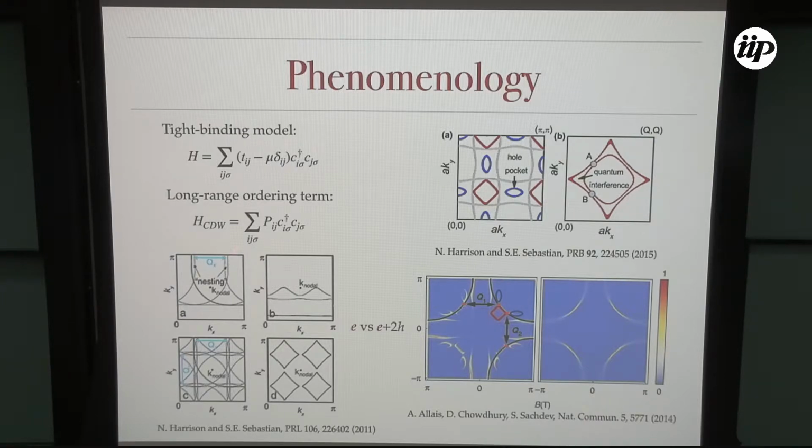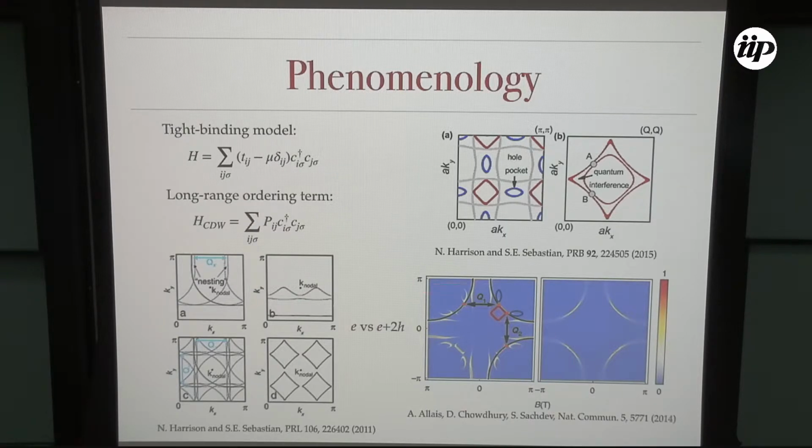We can choose this function in whatever way we want, but to correspond to the experimental data, the electron pocket, we should choose it as a d-wave form factor with charge density wave.